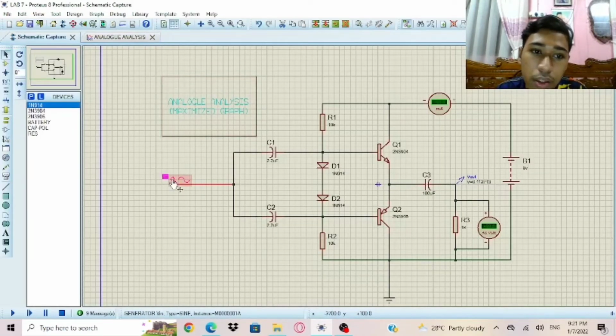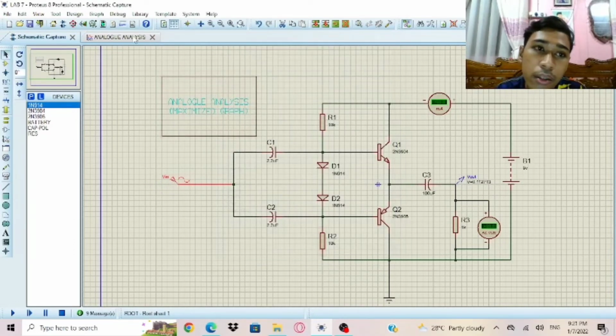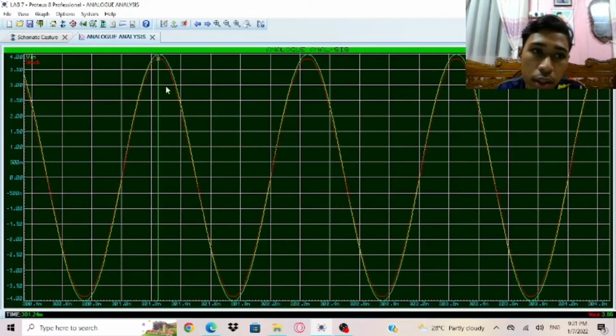So we need to change it to 8 peak to peak. And the input and output don't have distortion, which means this is the maximum for an undistorted waveform.